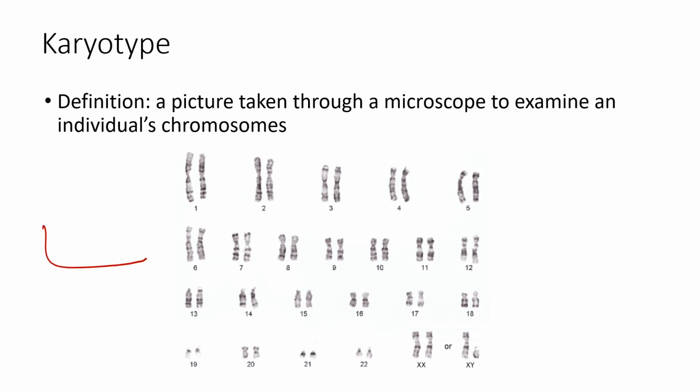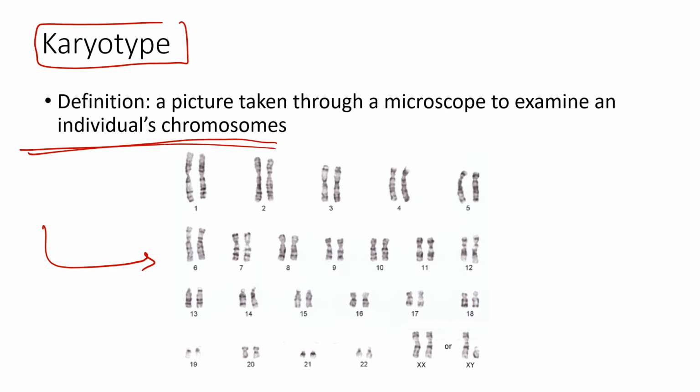As you can see here, this is somebody's karyotype. It is a picture taken through a microscope, and it's used to examine an individual's chromosomes. What happens is they take somebody's DNA, usually from a white blood cell, and then they're able to take out the chromosomes, magnify them, probably with an electron microscope, and organize them so they're pairing off.